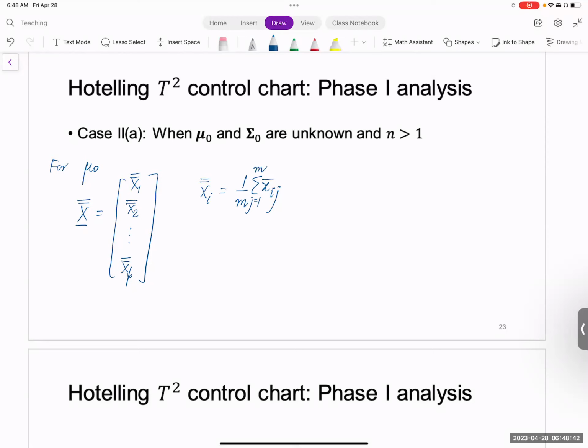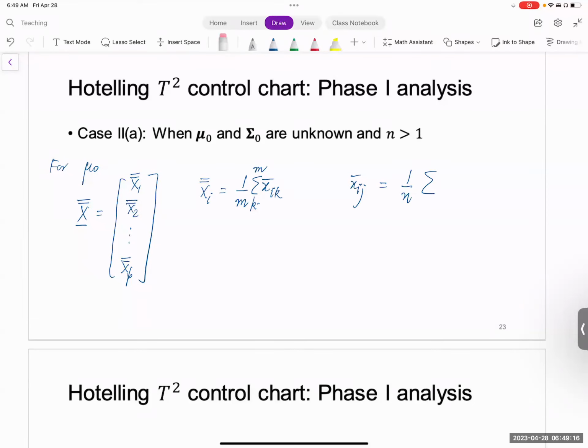And then there is a bar here. And what is xij bar? Xij bar is equal to 1 over n summation of, actually, yeah, let's call it xik. That's probably better notation wise.